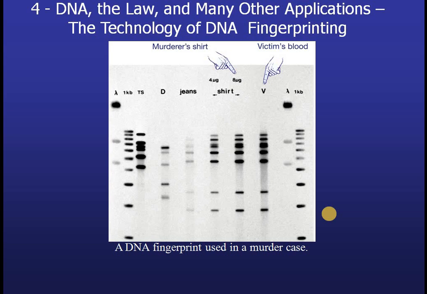Okay, then the application of recombinant DNA technology in fingerprinting. That is mostly used in forensic science to identify the accused. They can isolate the DNA, multiply that DNA using polymerase chain reaction, and they have different blotting techniques.